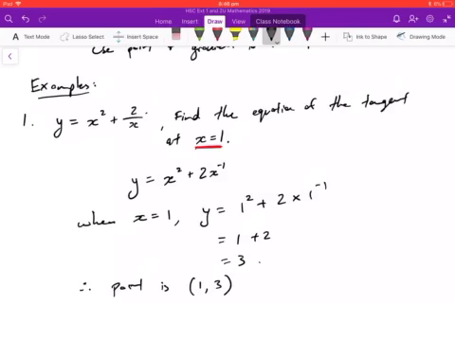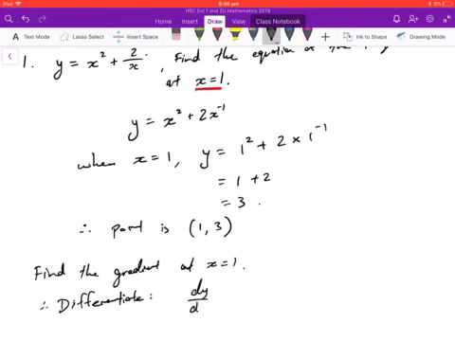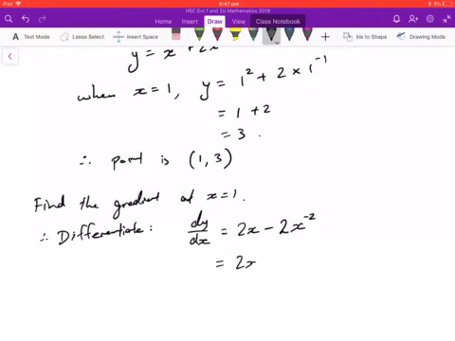Now, the next step is to say, okay, we need to find the gradient at x equals 1. So therefore, we differentiate. dy/dx is equal to 2x minus 2 times x to the -2, which is equal to 2x minus 2 over x squared.